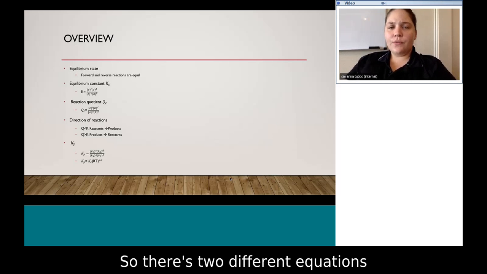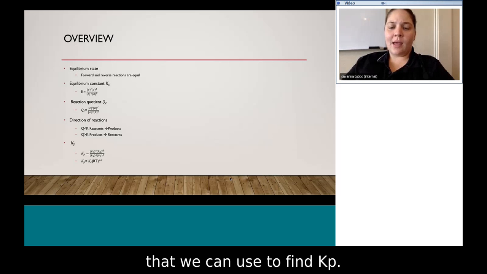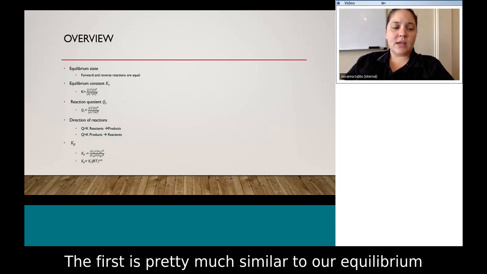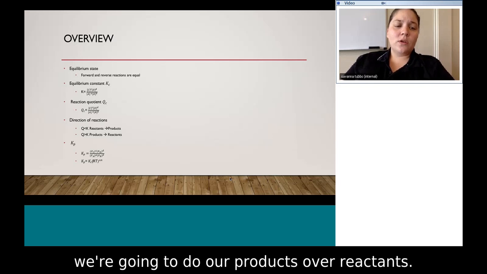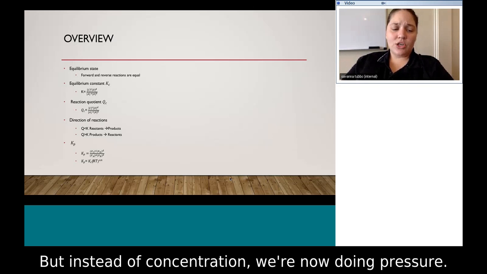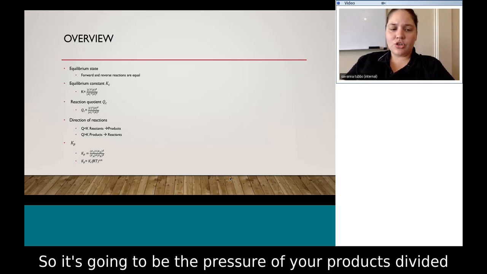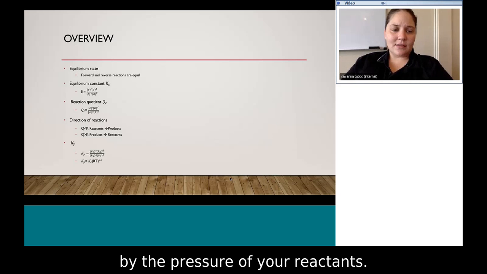So there's 2 different equations that we can use to find Kp. The first is pretty much similar to our equilibrium constant and reaction quotient, where we're going to do our products over reactants, but instead of concentration, we're now doing pressure. So it's going to be the pressure of your products divided by the pressure of your reactants.